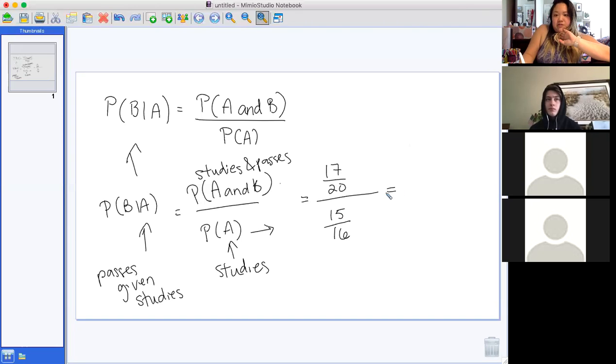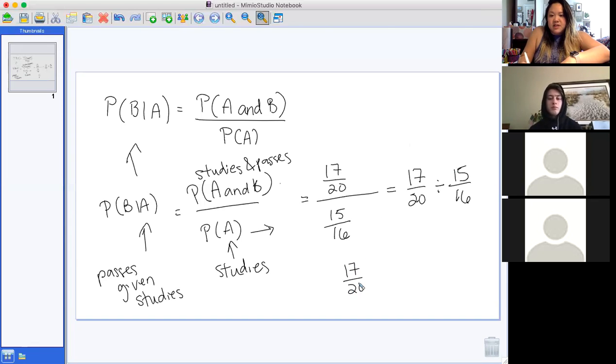Remember that when you divide a fraction, this is just 17 over 20 divided by 15 over 16, and to calculate that, we just multiply by the reciprocal whenever you divide fractions. So 17 over 20 times 16 over 15, and then we can simplify before we multiply it out.